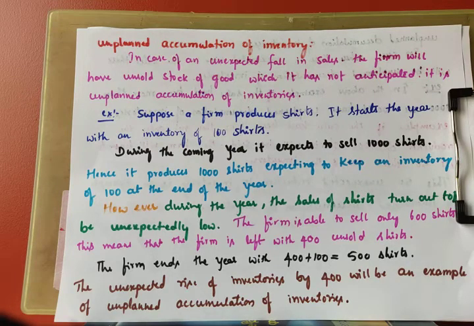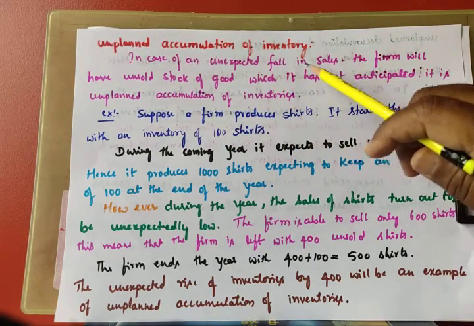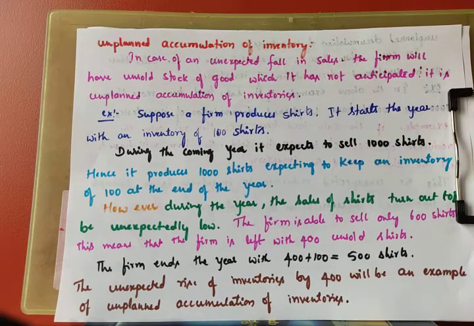First we discuss unplanned accumulation of inventory. In case of an unexpected fall in sales, suppose you produced goods and services very well and you are ready to sell them. Unexpected depends upon the situation. In the present situation, for example corona, there is no proper income, no proper production, no proper employment.